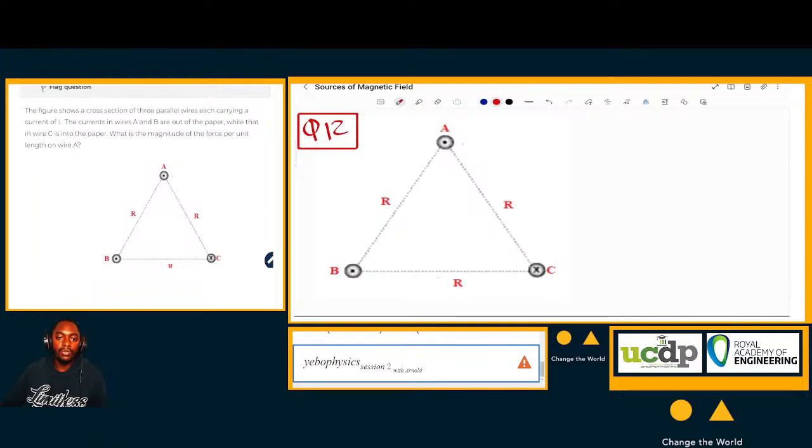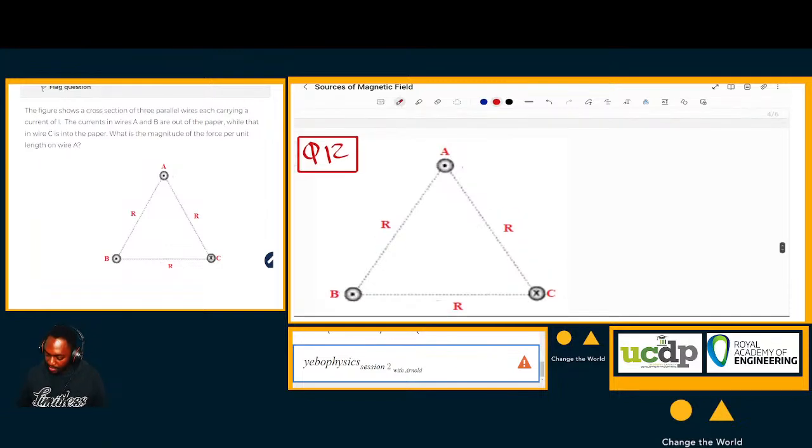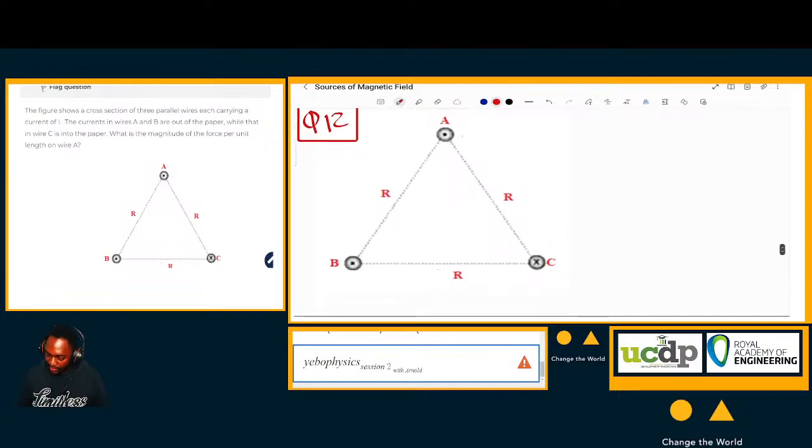What is the magnitude of the force per unit length on wire A? Okay, so now we're considering wire A. So we could put an axis on wire A if we want.